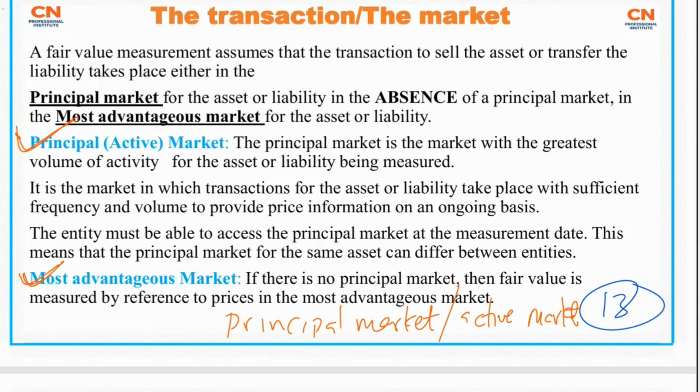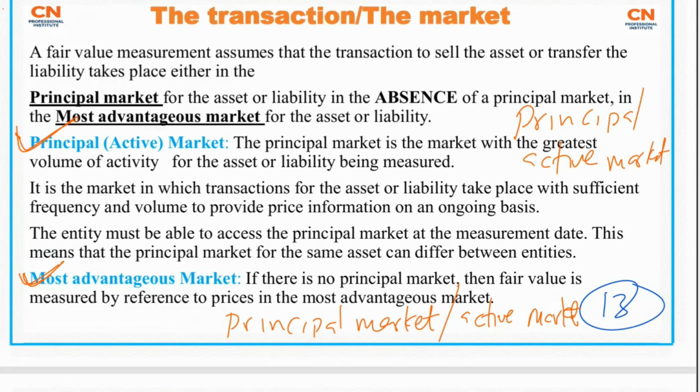Now listen carefully to the rule. IFRS 13 says whenever we want to determine the fair value, we should always use the principal market. I said we should always use what? The principal market or the active market. That's what you always use.